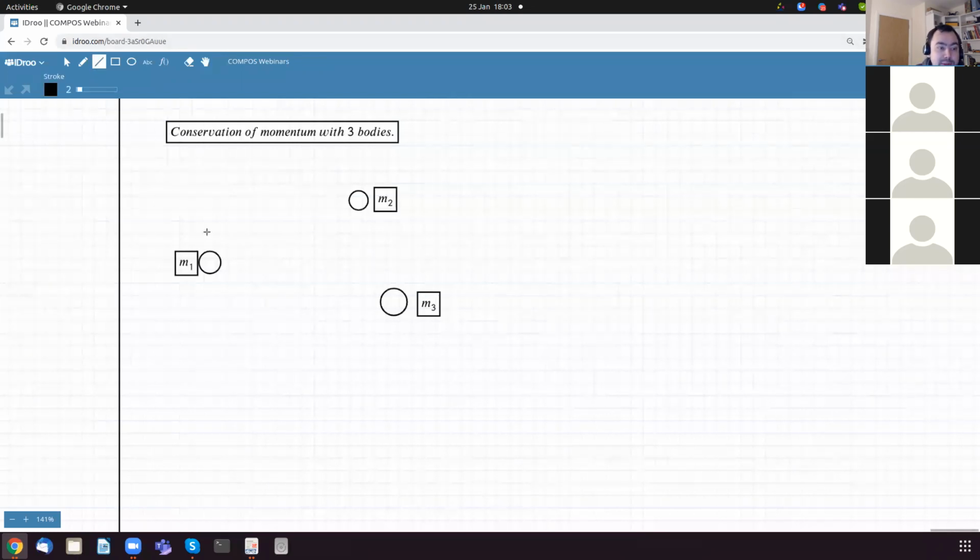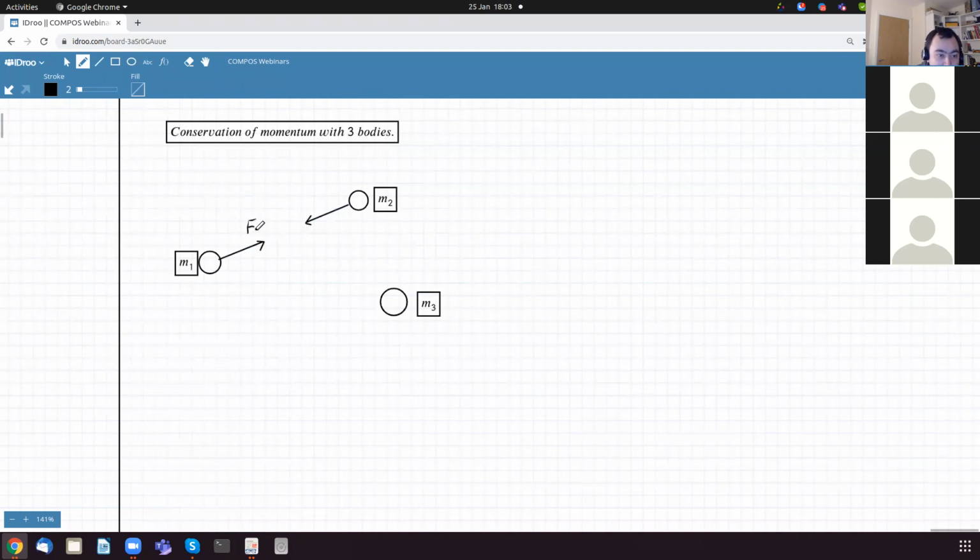When M1 and M2 interact, it doesn't really matter which way, attracted or repelled. Let's say M1 and M2 are somehow attracted. We don't know the nature of that force, but there is a force. It could be electrostatic repulsion, for example.